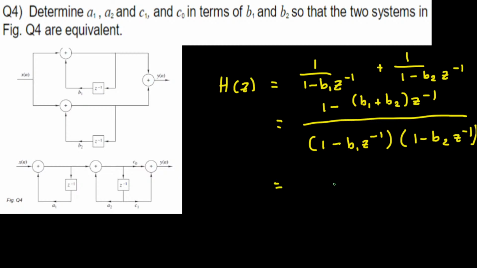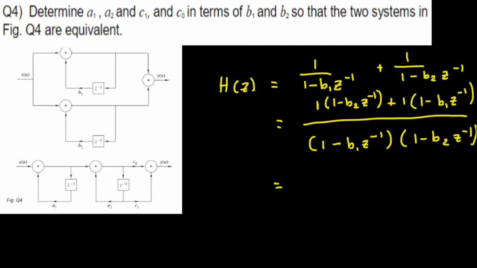If you want to see it clearly, you can show the multiplication as well: 1 times (1 minus b2 z minus 1), because we are multiplying this 1 by this term, since we are taking this as a common denominator, plus 1 times (1 minus b1 z minus 1).